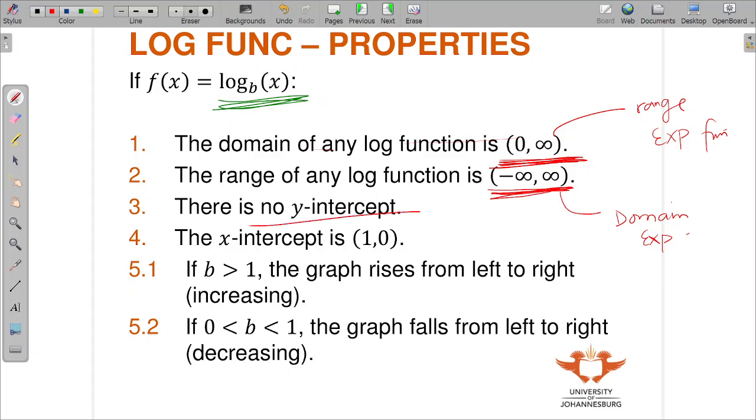There is no y-intercept on the logarithm function, but there is an x-intercept. If the base is greater than 1, we saw that the graph rises from left to right. That is when b is greater than 1.